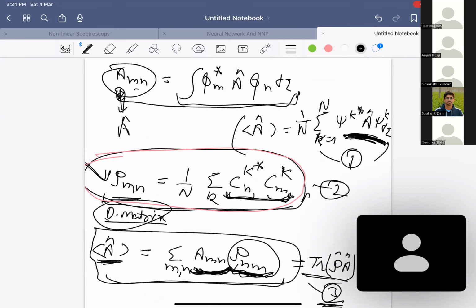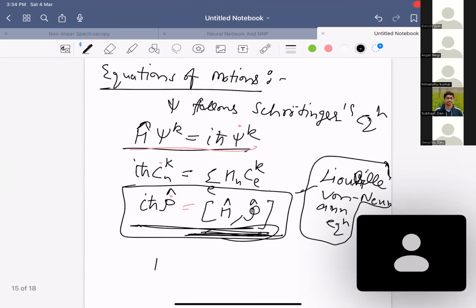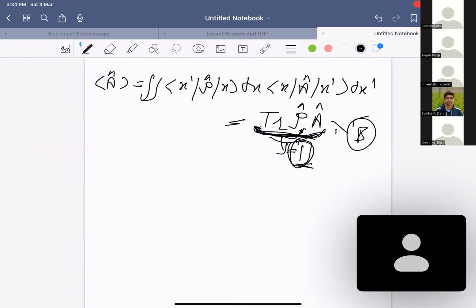Here also the expectation value of operator A is given by the trace of the density matrix and this operator A. It means that the density matrix that we defined from the statistical point of view is the same as the density matrix that we defined from the quantum mechanical point of view.